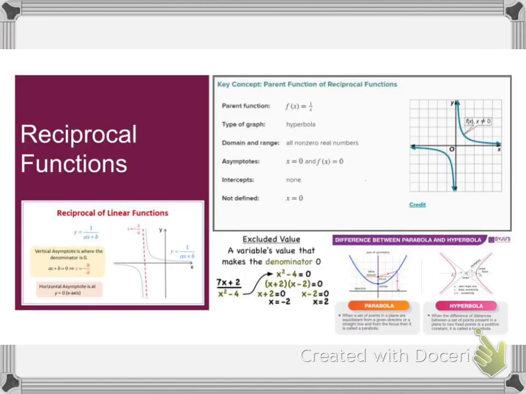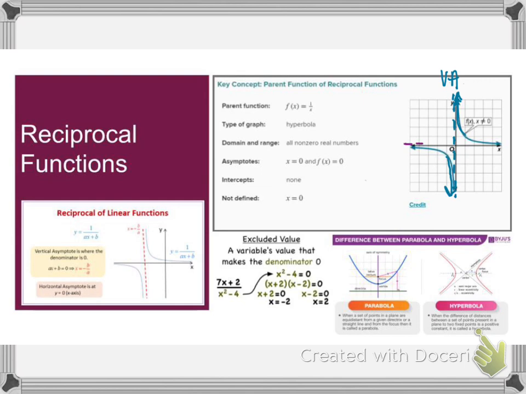So let's take a look at the parent function of a reciprocal, which is going to be 1 over x. And you can see its graph. The y-axis here is representing what's called a vertical asymptote. That means that this side of the shape is going to approach the y-axis but never reach, and just like this side is going to approach but never reach.